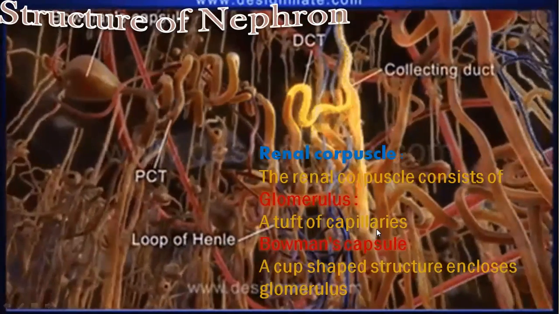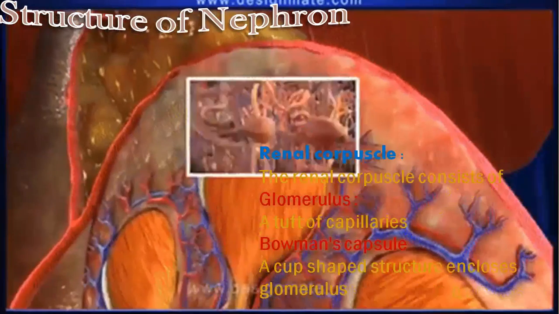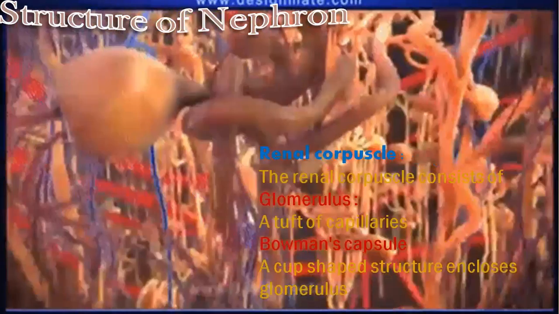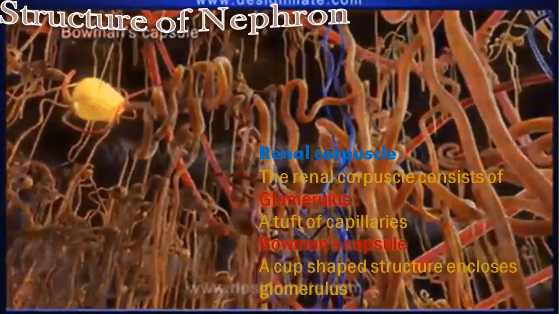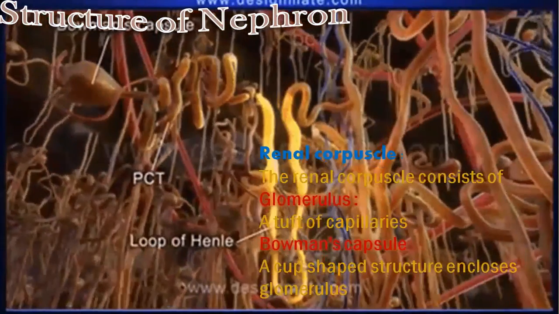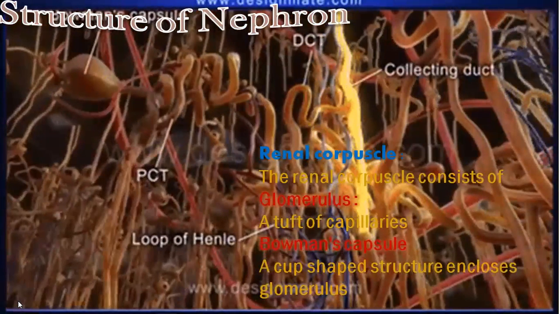Due to this filtration process, waste is removed from the blood and comes into our kidney, and then urine is formed. We will discuss its whole function in the next lecture as well.